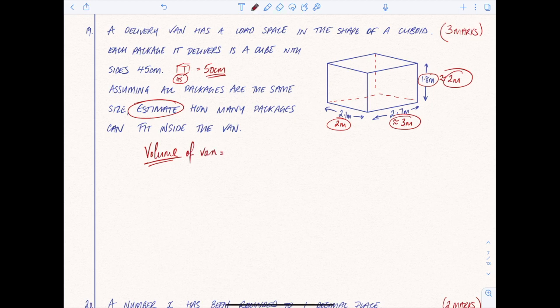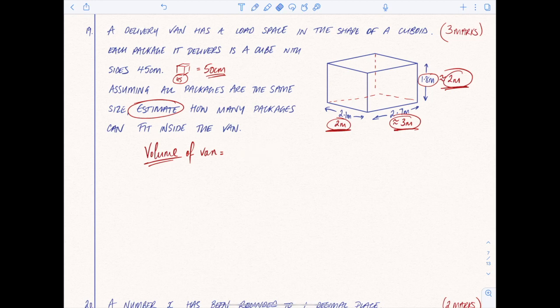So the volume of the van is going to be 2 times 3 times 2. Okay, so height times width times depth, or height times depth times width. Or if you want to think about it, you're doing the area of the front face, so you could call it 2 times 2, and then you're timesing it by the depth. However, this is all in meters.